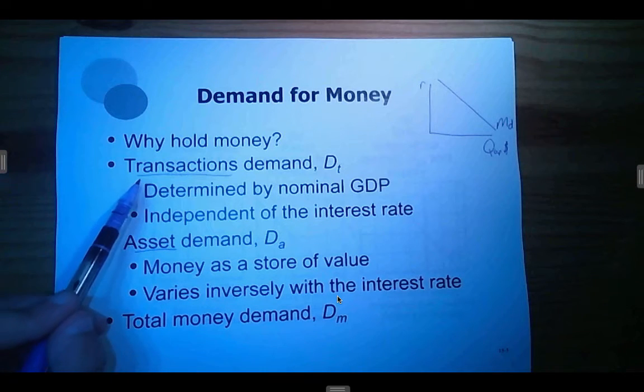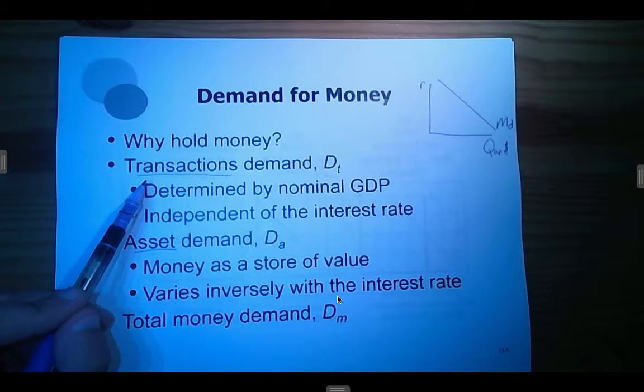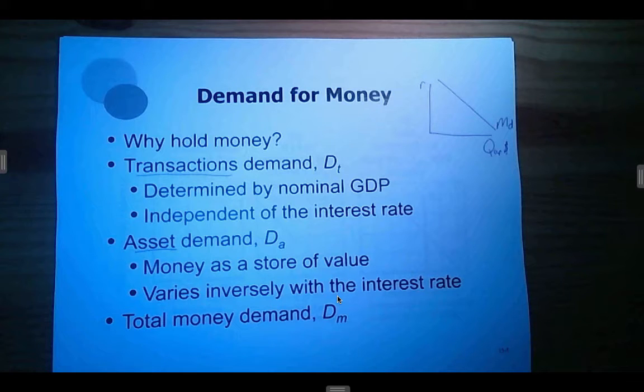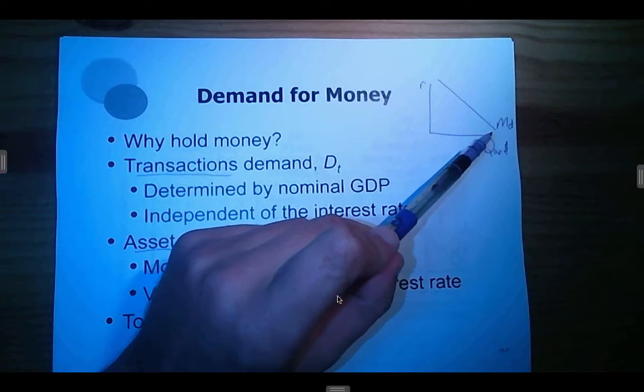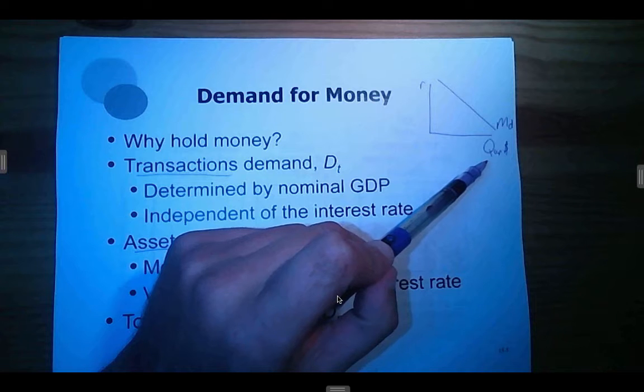On the transaction side, if the economy is larger, you're going to need more money to spend. And you're going to see that bigger economy when there's more money that exists out there.